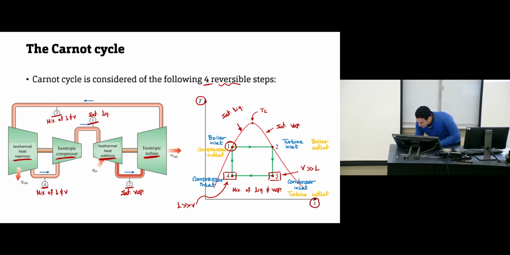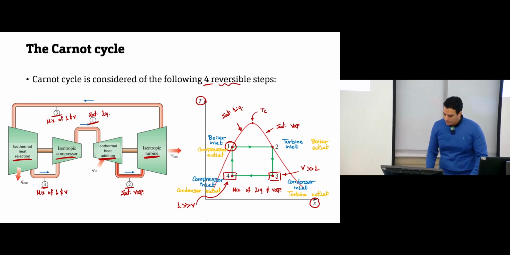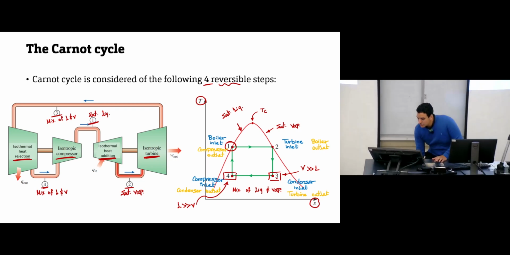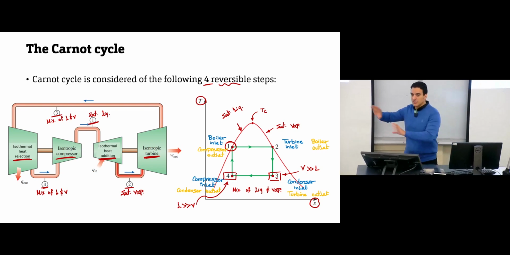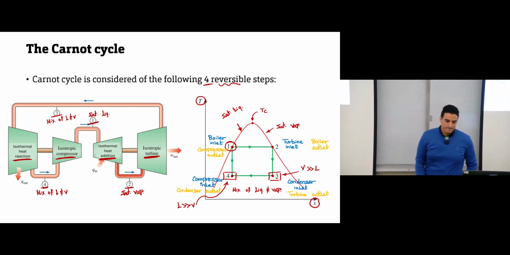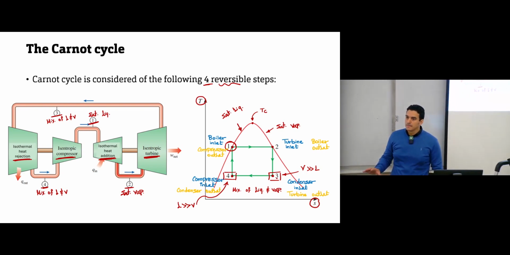And number 4 is the condenser outlet. So condenser inlet, compressor inlet, the same as condenser outlet, and so on. So far clear?